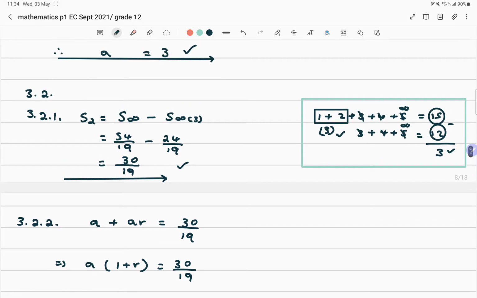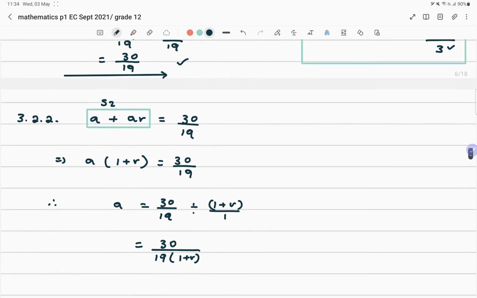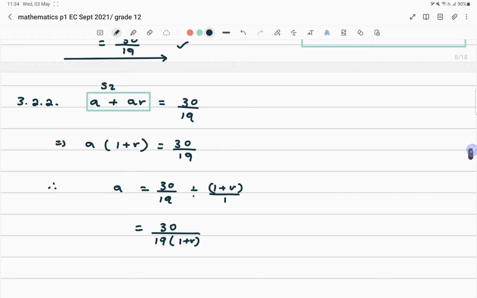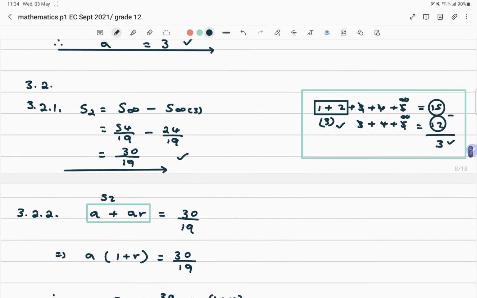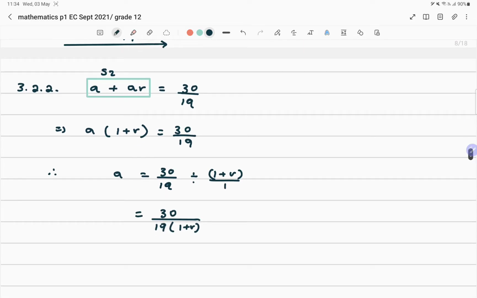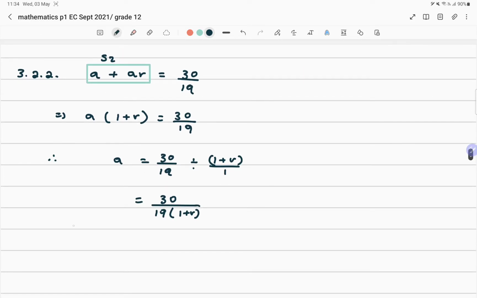Straightforward. So you see, this was effectively S2, if you remember from above. And in general, that's how you could write it. So the S2 in 3.2.1 is what you're going to use to get to this one. And this, in a way, confirms that the answer you got was correct. Okay, easy stuff.